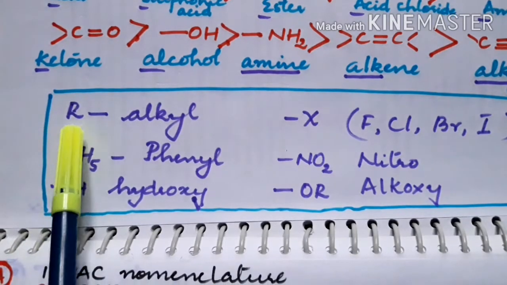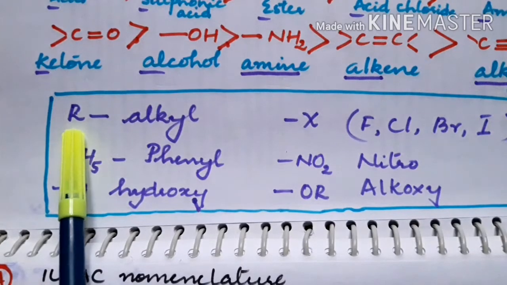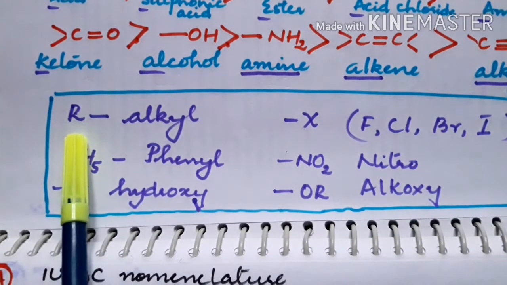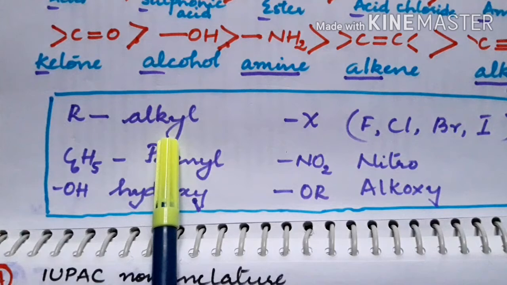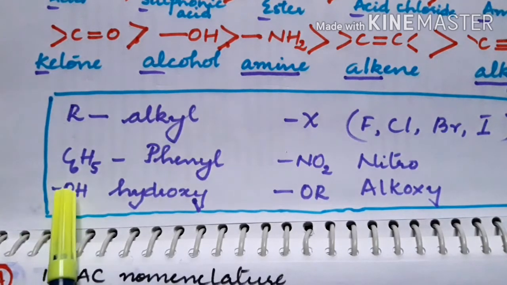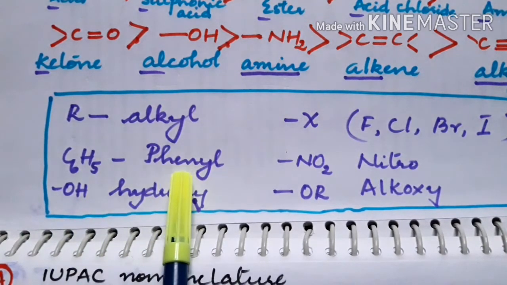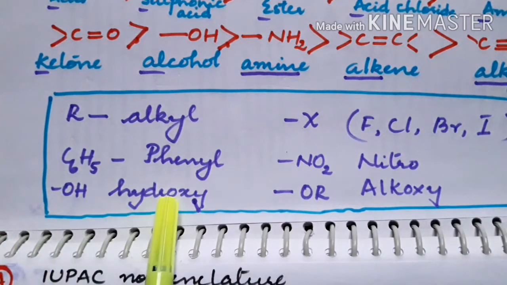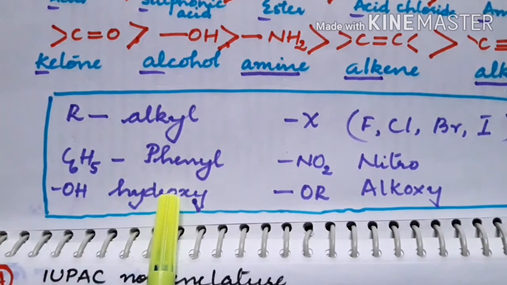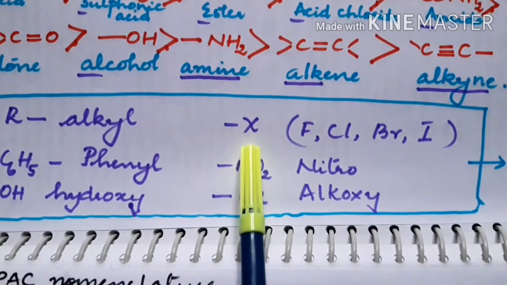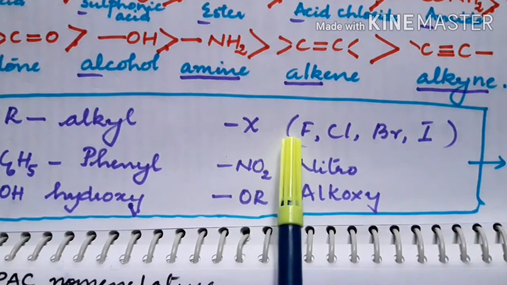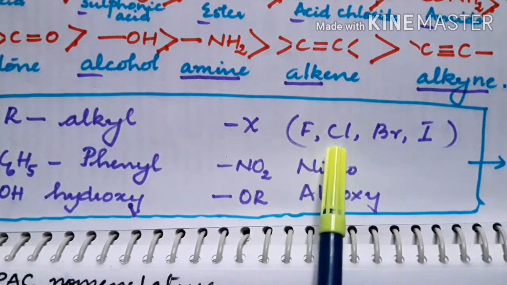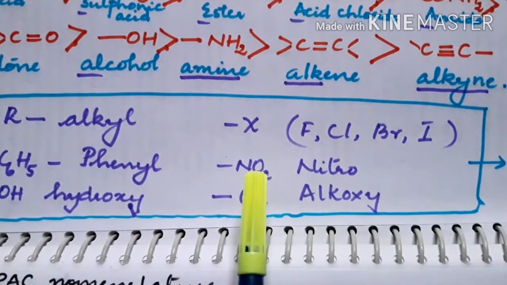Various groups like R with the formula CnH2n+1 will be considered as alkyl group. C6H5 is called phenyl group. OH coming as the substituent will be called hydroxy. X stands for halogens: fluorine, chlorine, bromine, iodine.